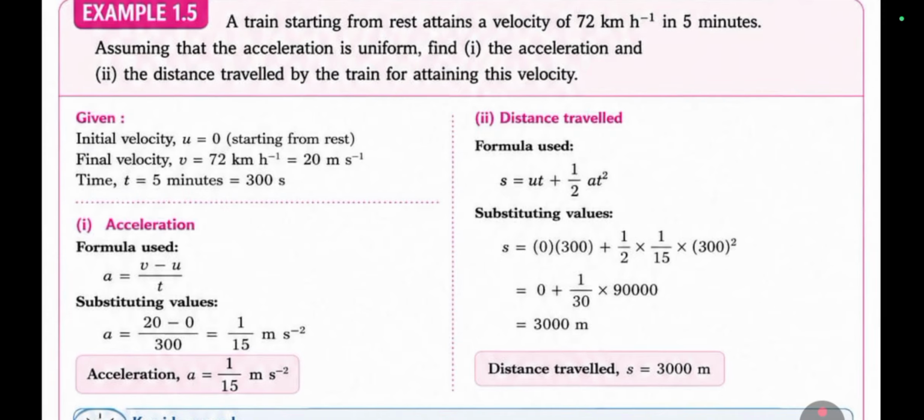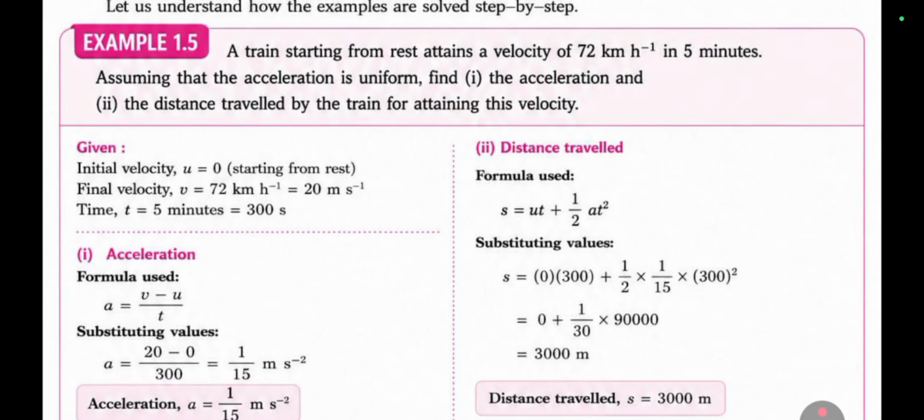First example: a train starting from rest attains a velocity of 72 km per hour in 5 minutes. Assuming that the acceleration is uniform, find first the acceleration, and second the distance traveled by the train for attaining this velocity.